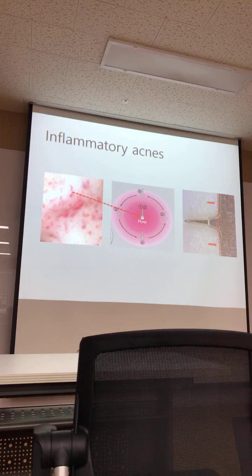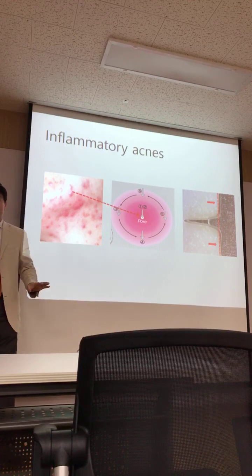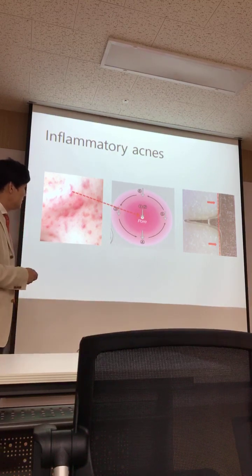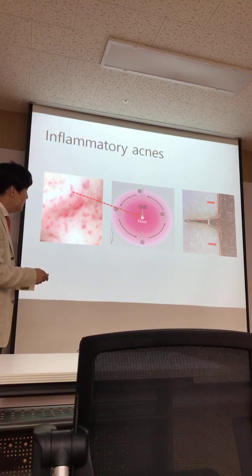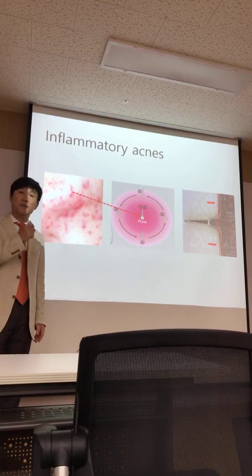Then apply numbing cream for 30 to 40 minutes, and then use Agnes to destroy the sebaceous gland. This is a very simple method. Insert this needle into the pore. We can see the pore because this is after the acne extraction.